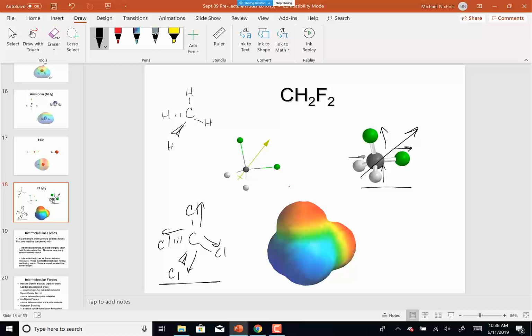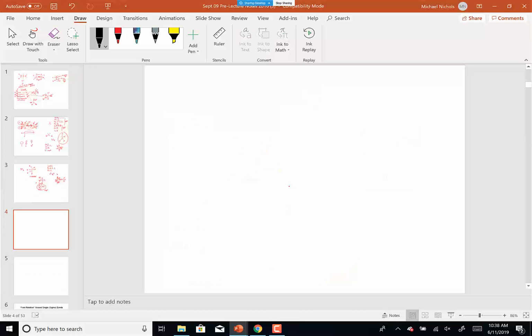So let's do one. It's a good one. CO2. Is CO2 polar or nonpolar? I'll give you a minute or two. Is CO2 polar or nonpolar?